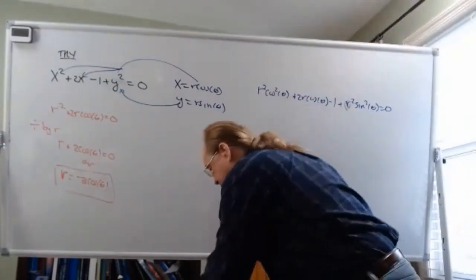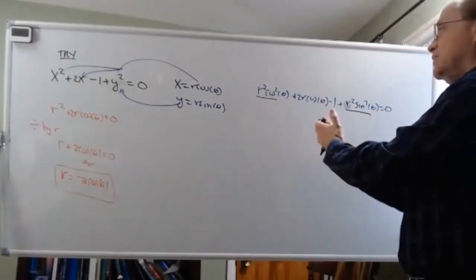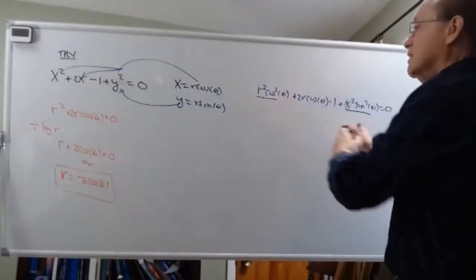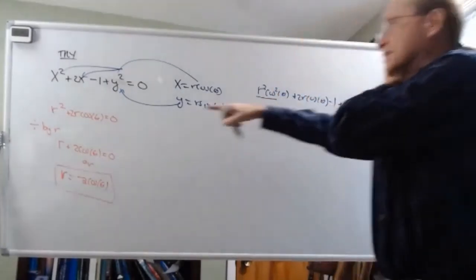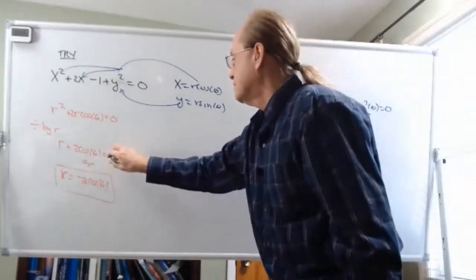What I have over here, I notice I have an r squared and an r squared. I can combine those, but notice cosine squared plus sine squared is going to give me... I'm missing something. Yep, I'm missing a 1 over here. That's my typo.